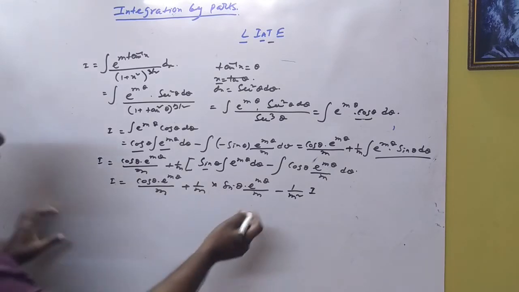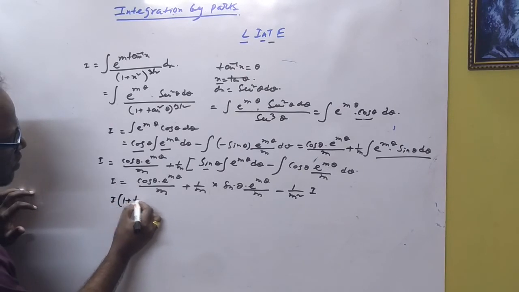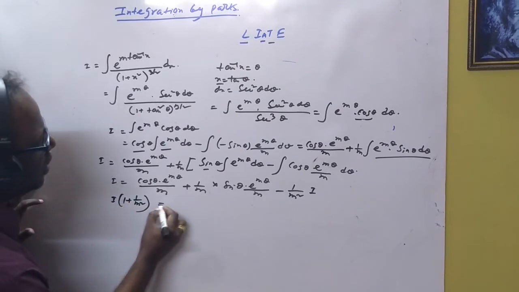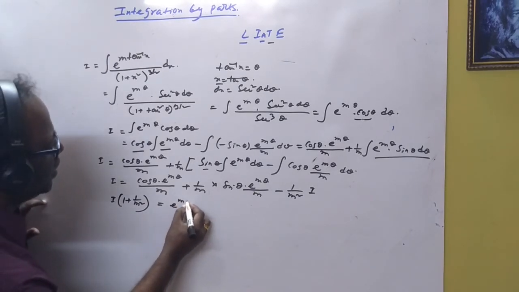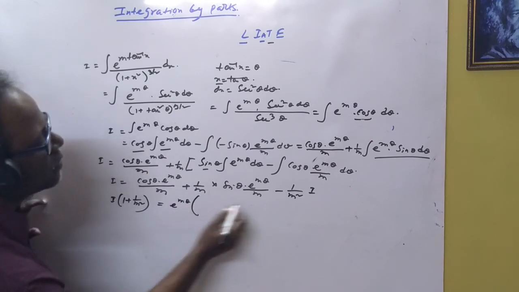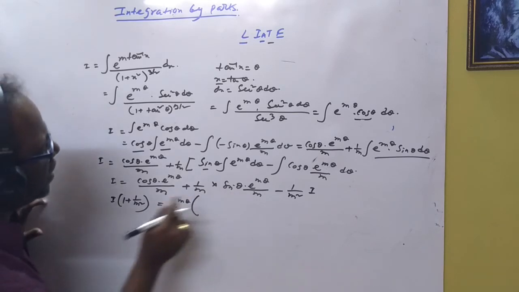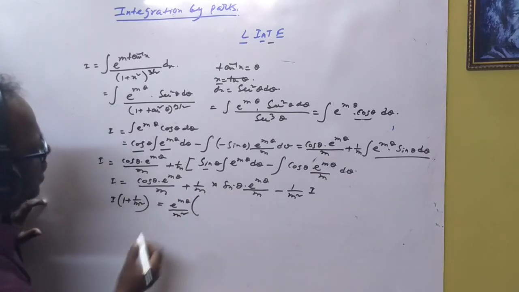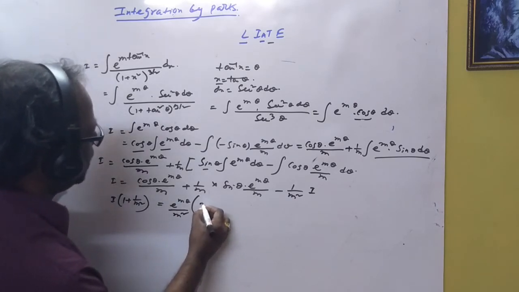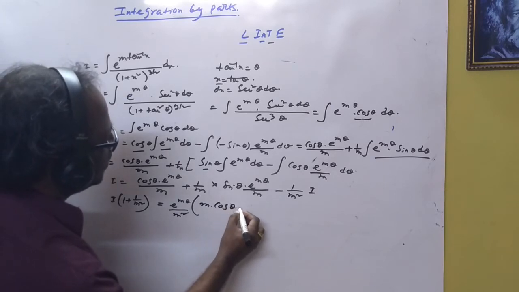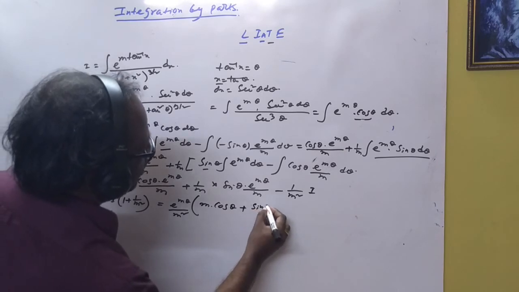Okay, this is I. So we take a common I here. This is 1 plus 1 by m square, and that is equal to, also take a common e to the power m theta. Okay, and also here we see the product here is m square, so we take the LCM m square, and now that is m into cos theta plus sin theta, plus c.